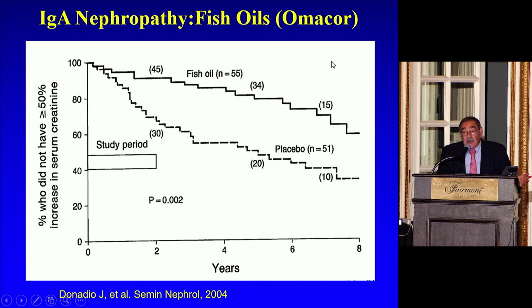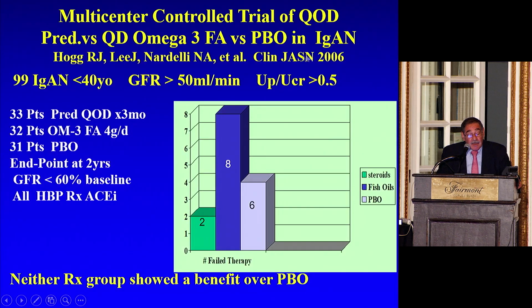But there are equally good studies that didn't show that. Here's a study that we were part of looking at 100 relatively young people, less than 40, GFR preserved. They all had IgA. They all had over 0.5 grams of proteinuria. 33 got every other day prednisone, 33 got omega-3 fish oils, 31 got placebo.